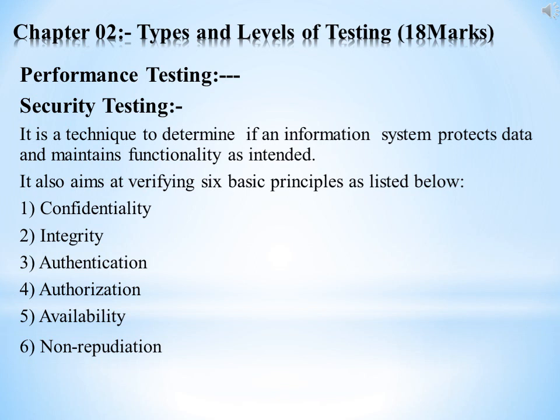Confidentiality means you have to have confidence about your product. You have to give them a better product than other software or other products. And integrity is also there. Authentication and authorization are the most important things in security testing.